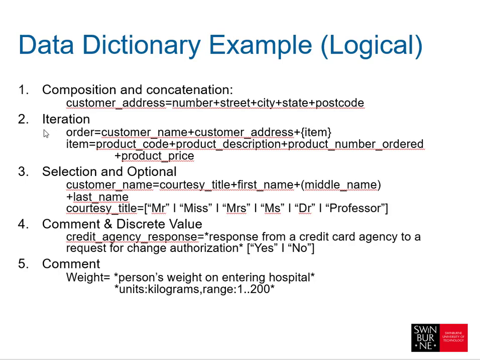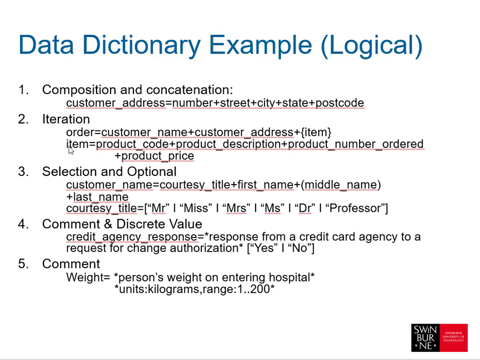Second example shows you an iteration. Okay, so let's go through these two examples. Order consists of customer name, customer address, and inside the curly brackets, number of items. That is why we put the curly braces. And then we need to define what we mean by this item.